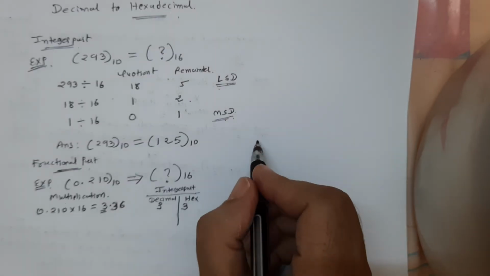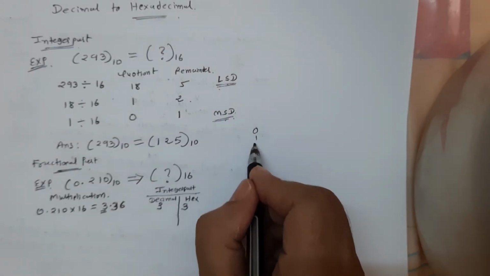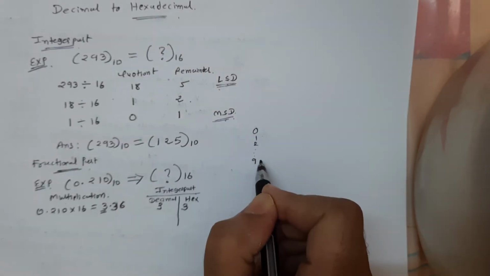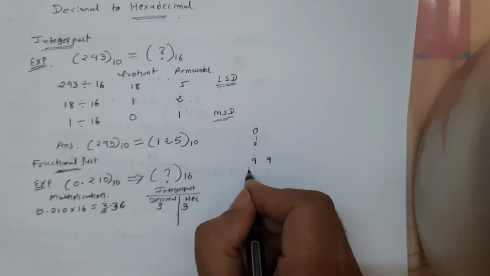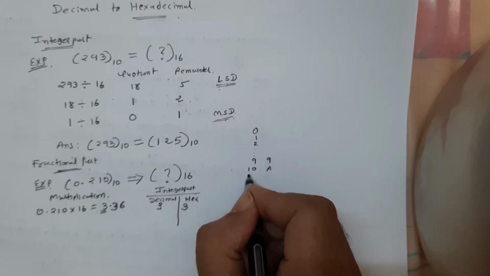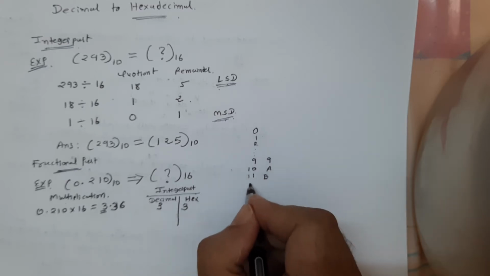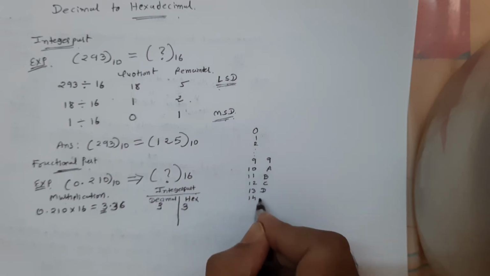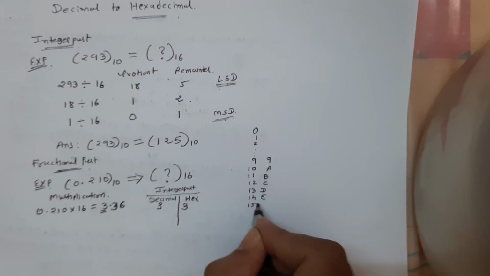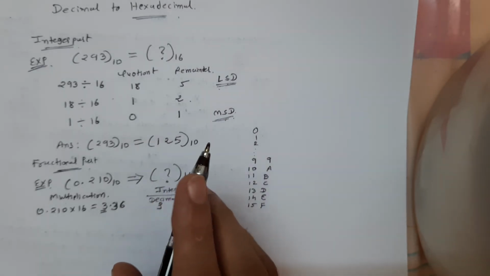Because you know that from 0, 1, 2 up to 9, the hex is the same. But after 10, this is your A, 11, this is your B, 12, C, 13, D, 14, E, and 15, F.